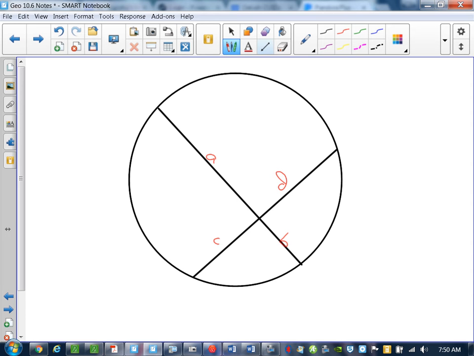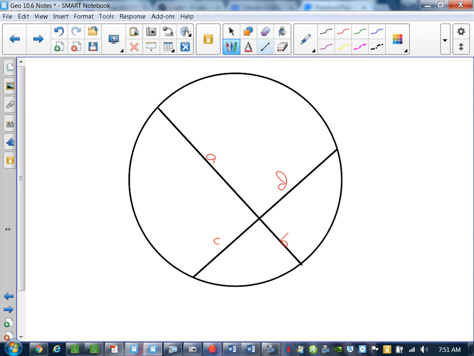So when we do some of these things, what I want you to think of is there are chunks on the inside of the circle. There are four segments, four parts here.